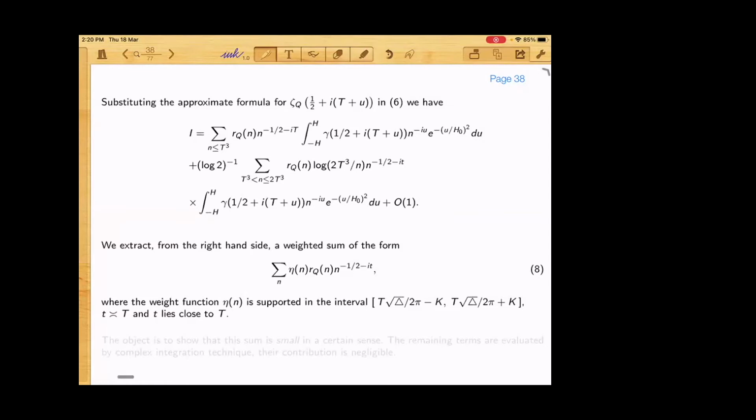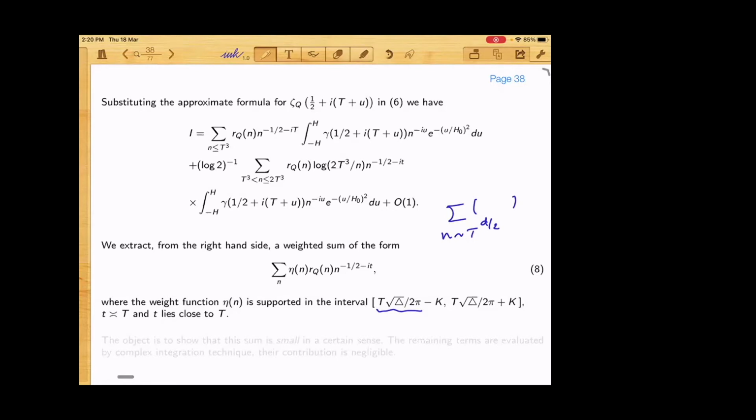In this case, the sum is around where small t is around t by 2 pi with square root of delta. If you look at a Selberg class of functions, then one needs to do this kind of thing for sums when n is close to t to the power d by 2. If you can show that this particular sum is small, then you can get a good gap theorem.